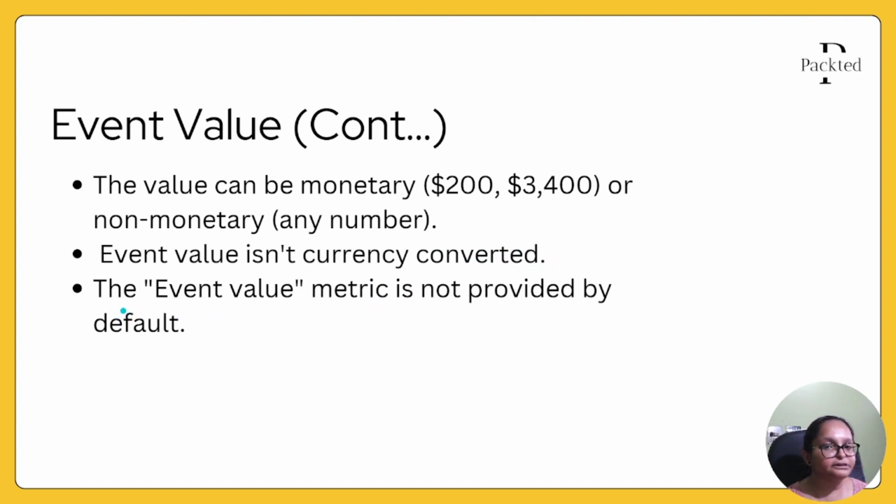It will just tell you the number, the value, and event value is not provided by default. So if you are looking in your standard reports, you will not be able to find the event value, because it is not available in the standard reports. However, it is available in the custom reports. When we make custom reports, you will have an option to add event value to your custom report.